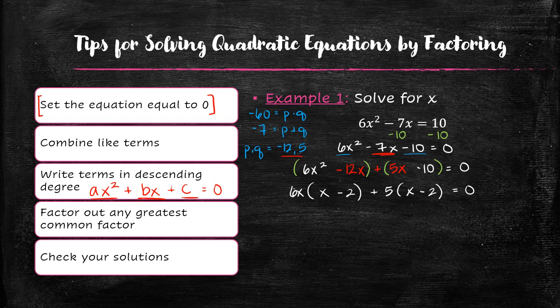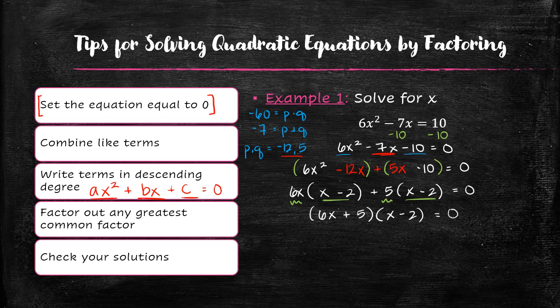So our two factors are made up, of course, of the thing left over in parentheses and the pieces that we factored out. Those greatest common factors, those together make up our other factor. Therefore, factored form of that original quadratic is 6x plus 5 times x minus 2.